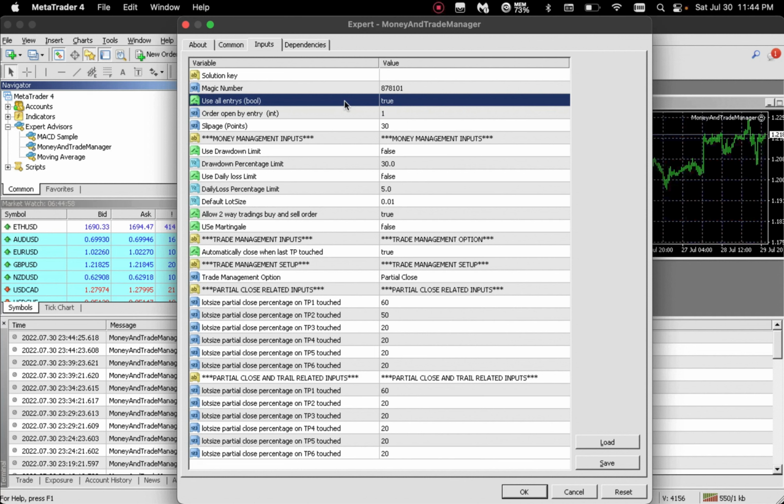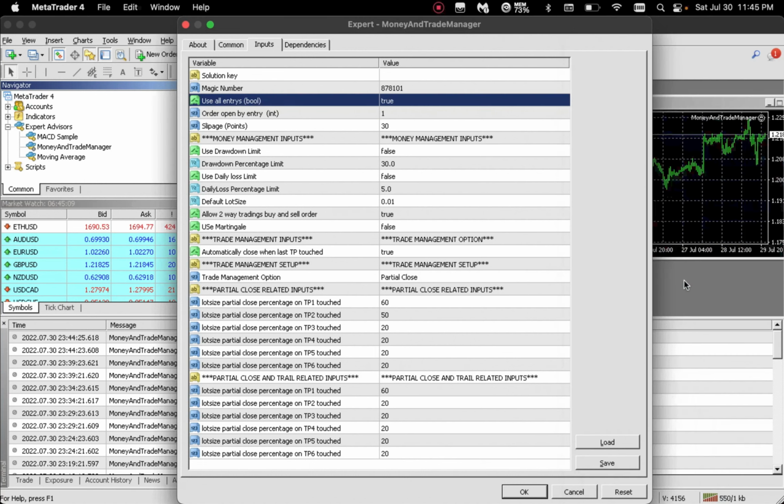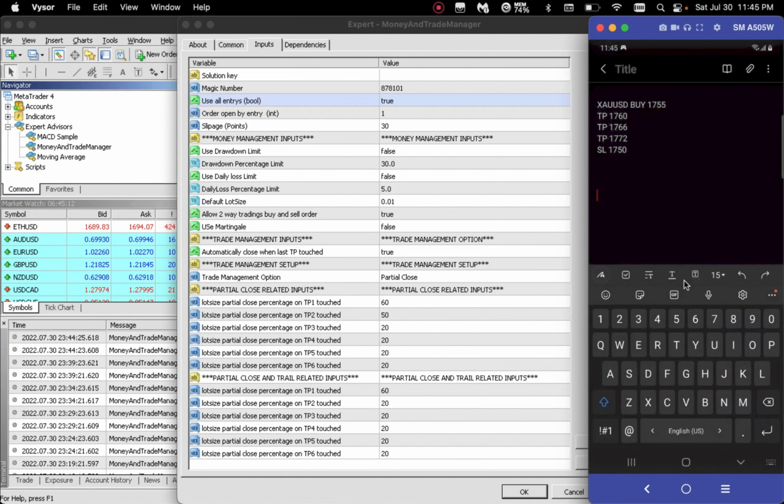It says use all entries. Okay, I'm back. So let's say you see this trade, it has one entry, but let's say, for example, it was formatted like this and we had two entries.